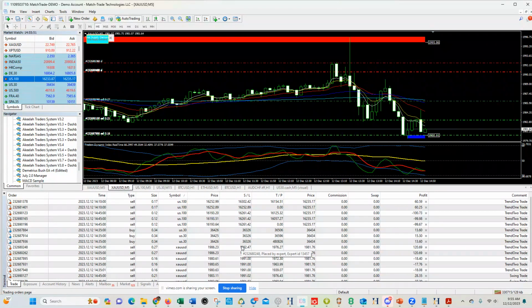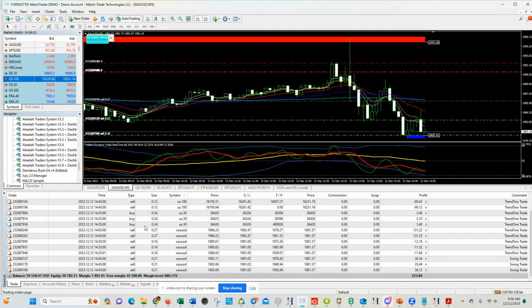Let me go through first the settings we're using, so you can get a perspective. This is approximately a $50,000 account. It's one of our funded challenges, and the goal is to make 10% of the funded amount.